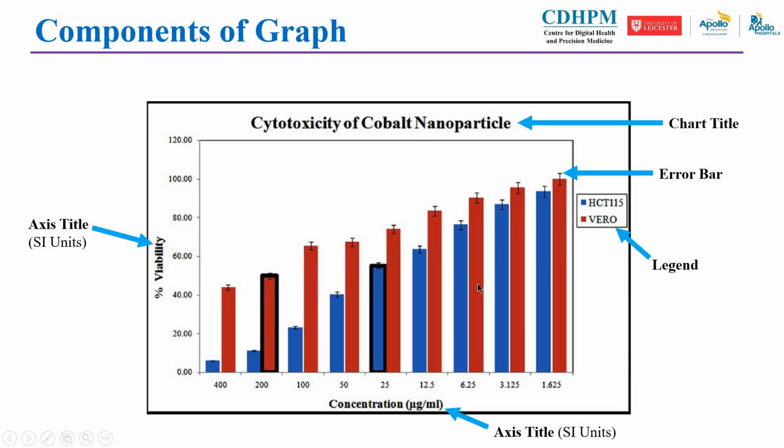I am giving two series of data. One, the effect of nanoparticles on HCT115 cell lines, that is one data series, and the effect of the nanoparticles on Vero cell lines, that is the second data series. Both the data series are represented in different colors so that it can be easily read. To understand what this color means, we are giving this legend.